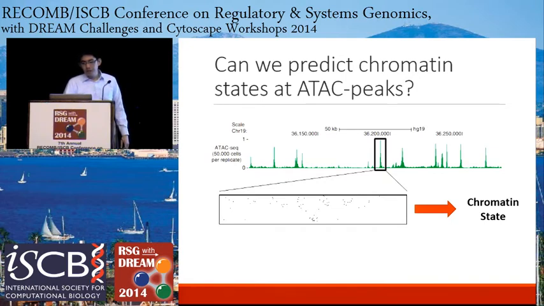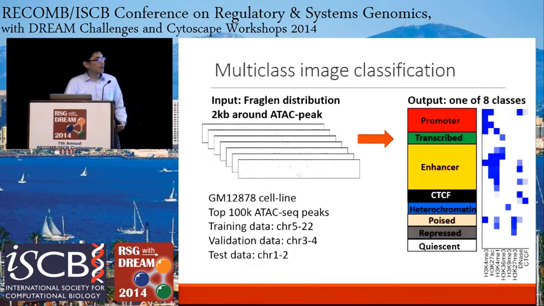We have chosen to formulate this prediction as a supervised multiclass image classification problem, where given the fragment length distributions two kilobases around the ATAC-seq peaks, we will try to determine which of these 8 chromatin states it lies in.